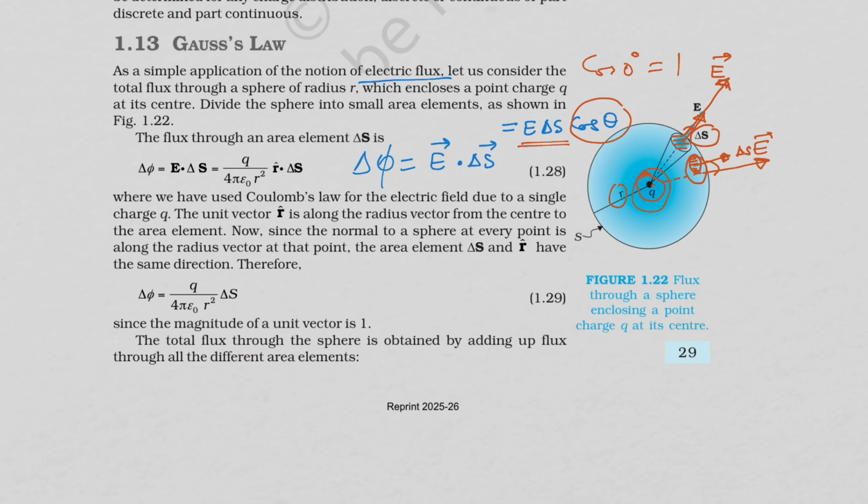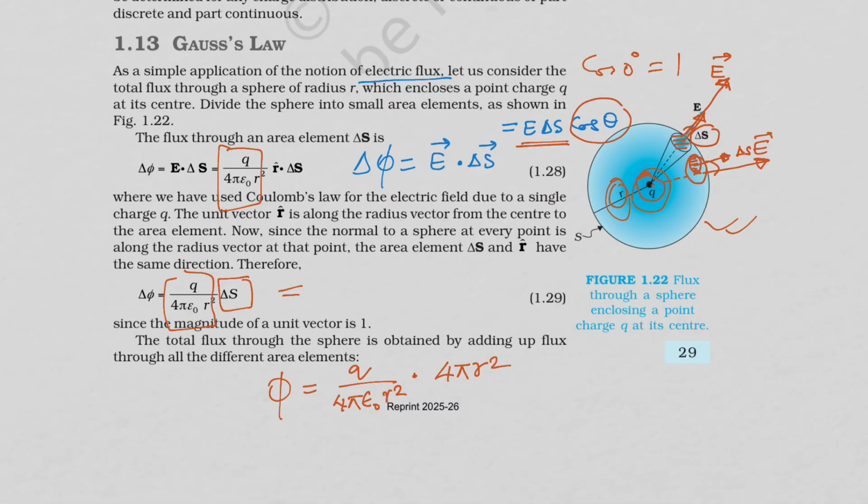So we'll only focus on E multiplied by delta S. And as we know, E is equal to Q upon 4 pi epsilon naught r square, and then we multiply it with delta S. For this sphere, the area is the total area, so the total flux phi will be Q upon 4 pi epsilon naught r square multiplied by the total area, and the total area of a sphere is 4 pi r square.